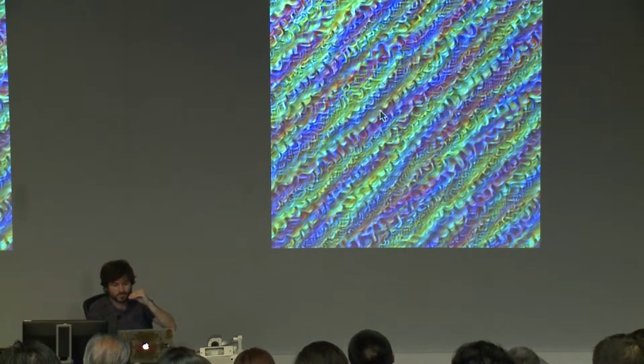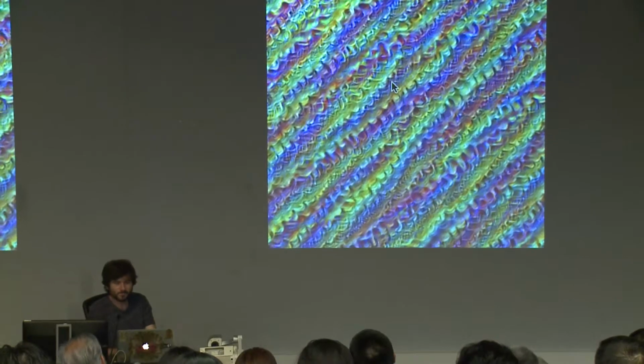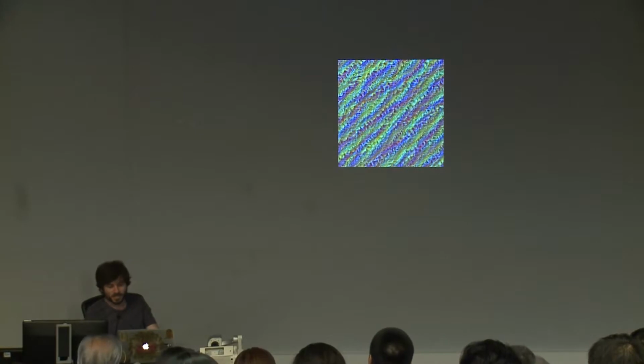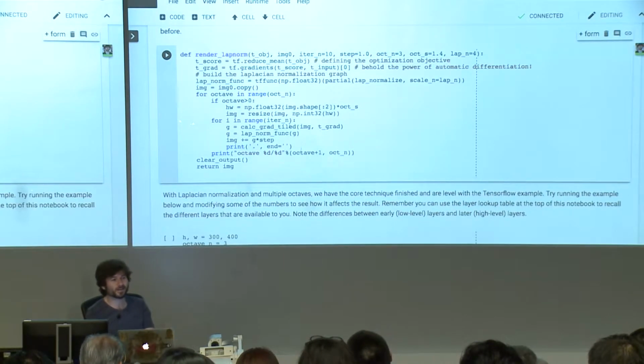You've got neon pinks and neon yellows, and just a lot of high frequencies in there. The multiscale generation actually helps with this, but the Laplacian normalization helps even better. If that doesn't make any sense, don't worry about it. We're just going to declare this and run it, and you'll see that the results get slightly better.